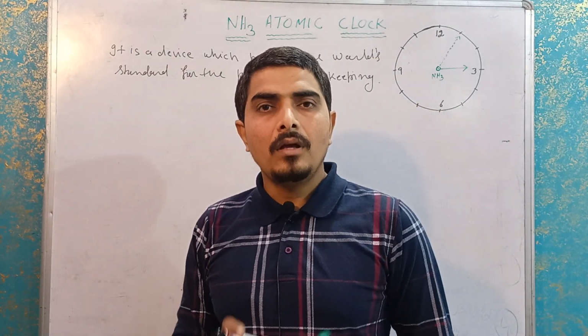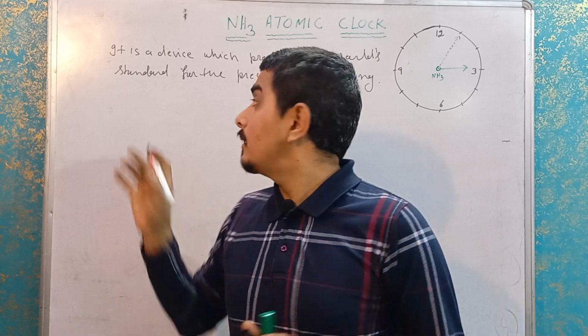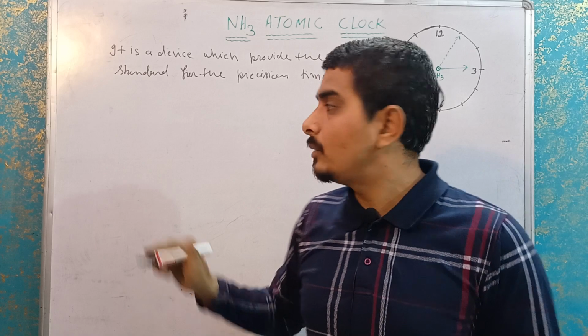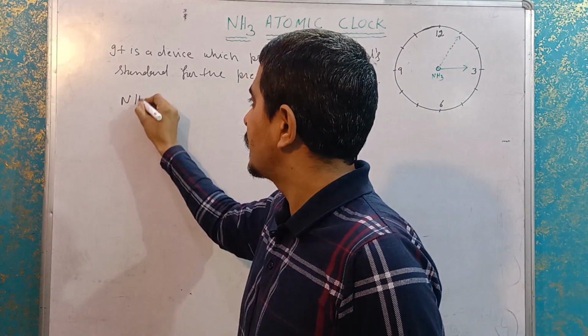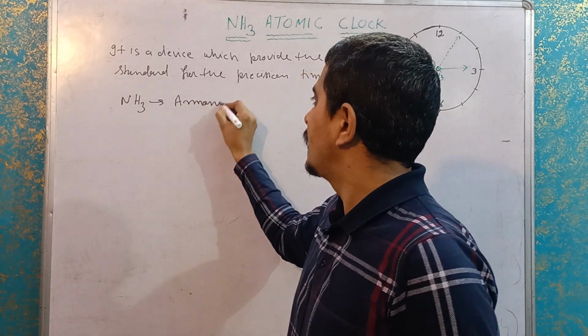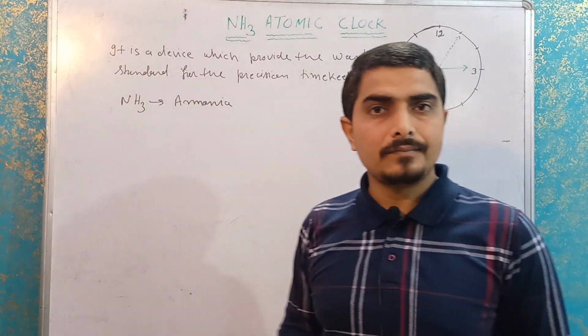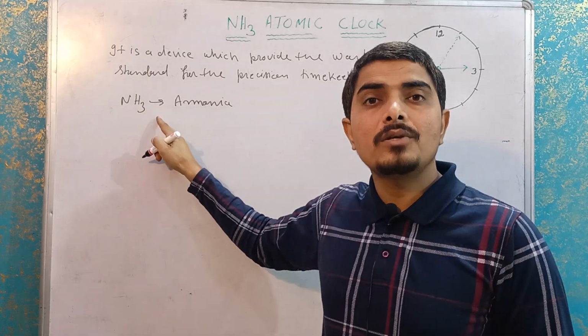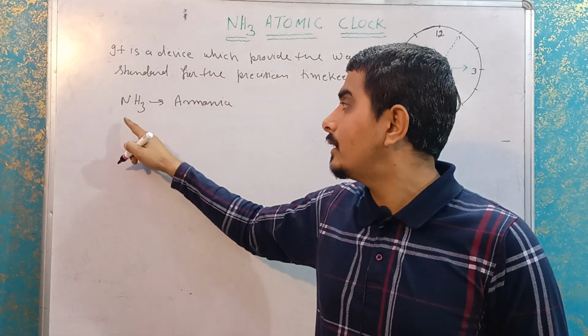Now the NH3 atomic clock consists of a molecule, that is the ammonia molecule. This NH3 is known as ammonia. This ammonia molecule consists of 3 hydrogen atoms and 1 nitrogen atom.